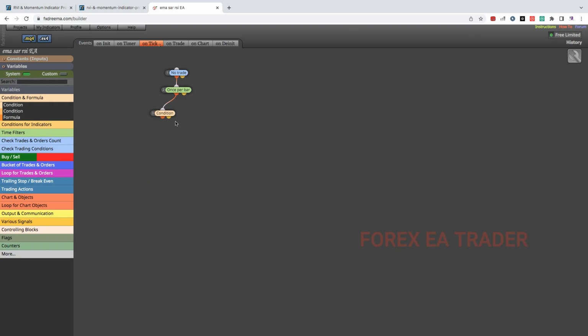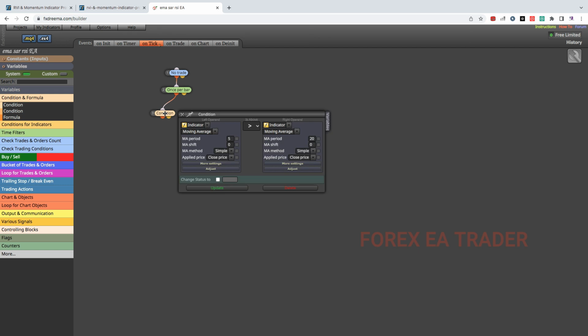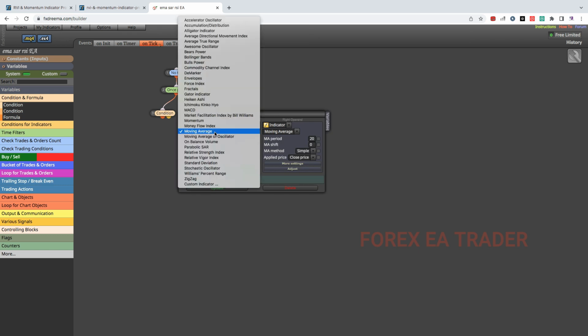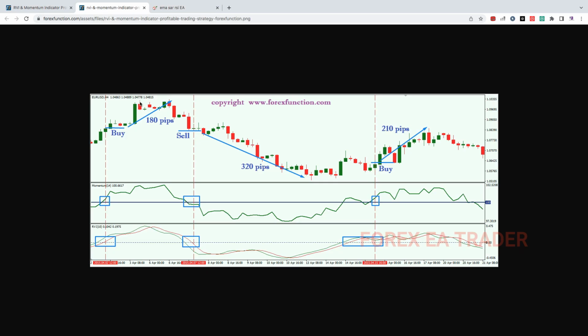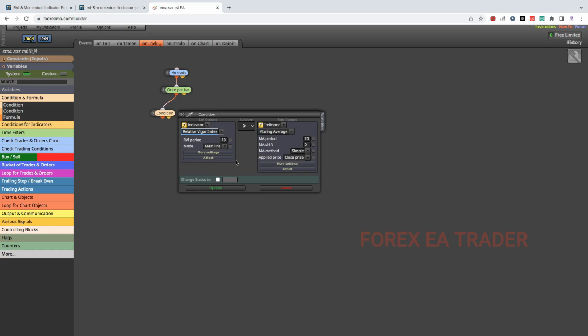So we're going to go into that and we're going to double click. So our indicator, relative vigor index, thankfully it's there. What do they have there? 10. They've got a 10 there. Seems to be the default, and you can use the main line or the signal line.